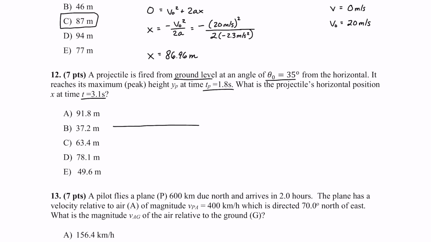This is a two-step process. But before getting to that, let's draw a picture. Here's the ground. Here's the object. It's fired at some angle and then travels in that trajectory. We're told theta.